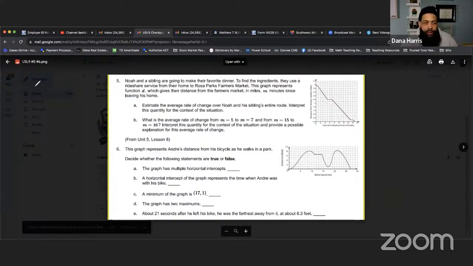In this case, D is the function. Notice the time since leaving home is in minutes and the distance is in miles. So we can basically say that this is D of m. And now it says estimate the average rate of change for Noah.